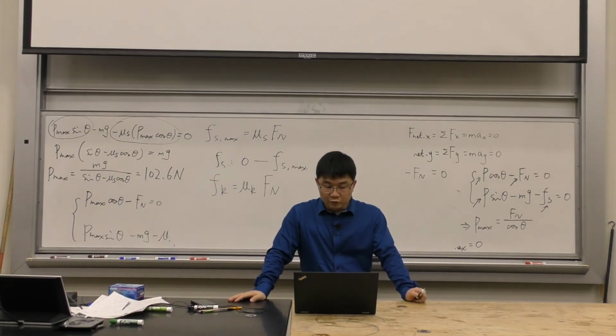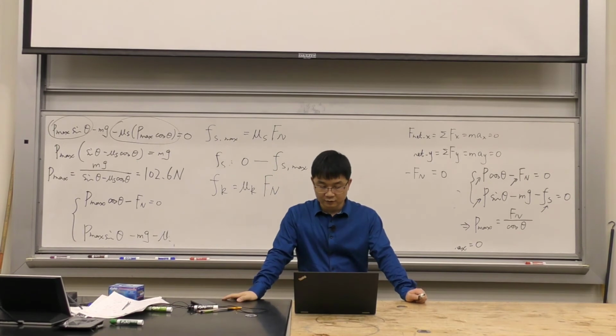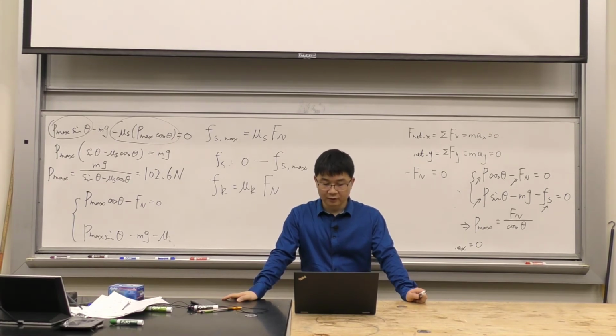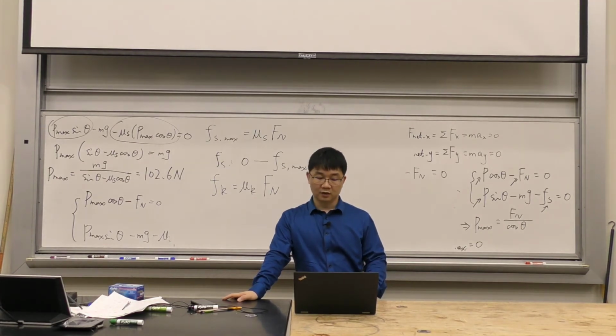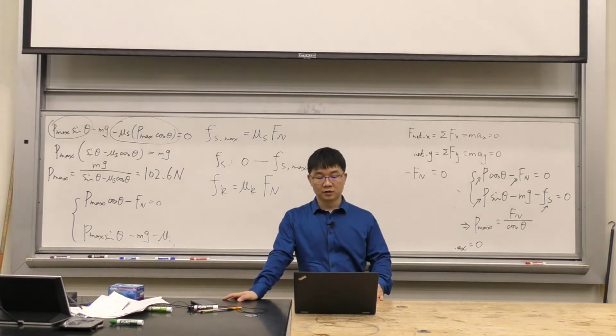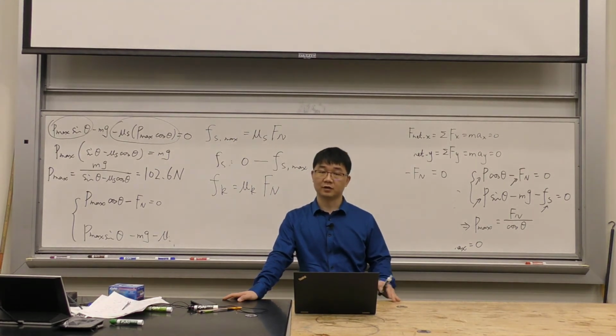For two surfaces, mu k, the coefficient of kinetic friction, is usually smaller than the coefficient of static friction. That is why, in our experience, everyone is going to agree that it is harder to set something in motion than to keep it moving.